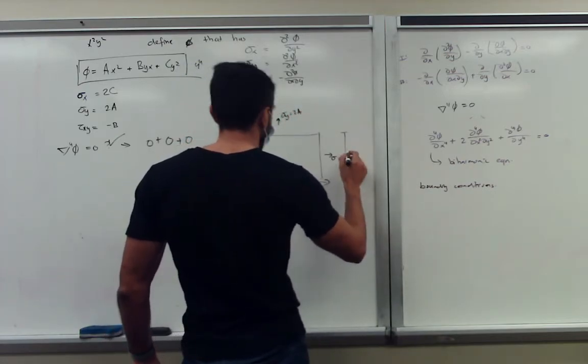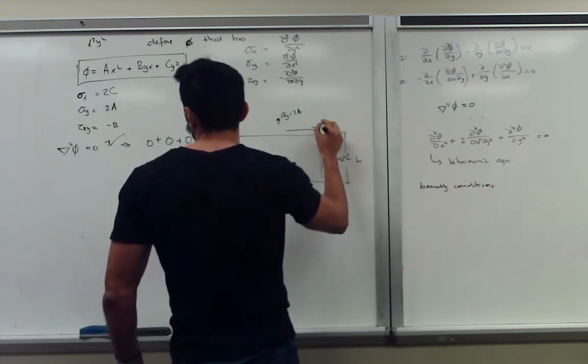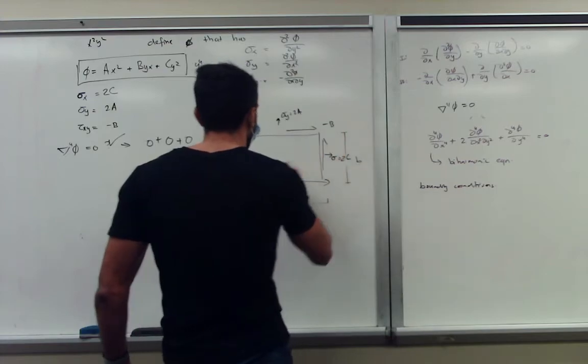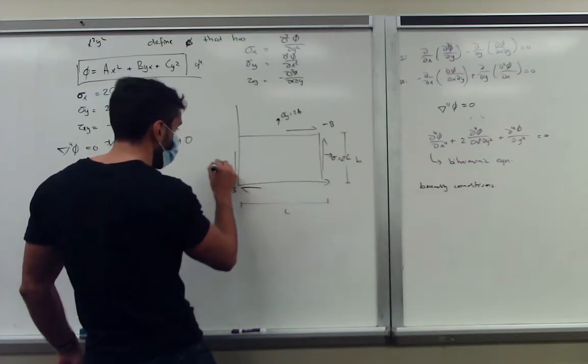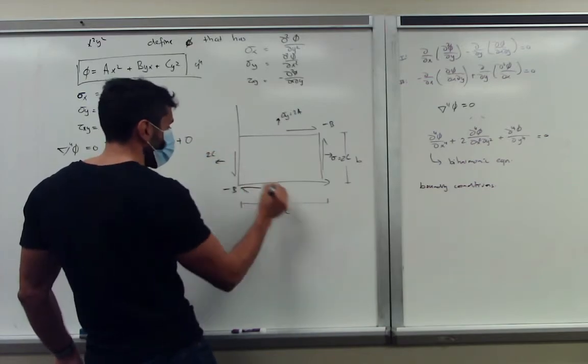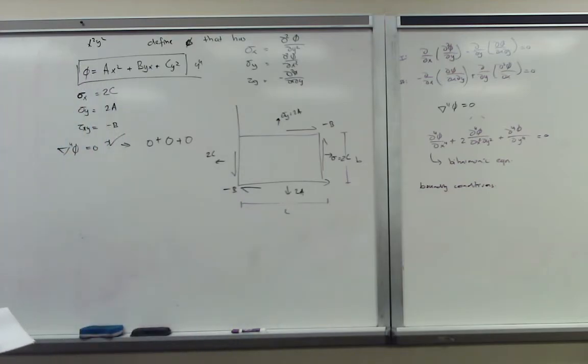Sigma x is equal to 2c. And then I also have shear stress tau xy, which is minus b. And of course here, minus b. And I have 2c and 2a. So that's one way of solving this problem.